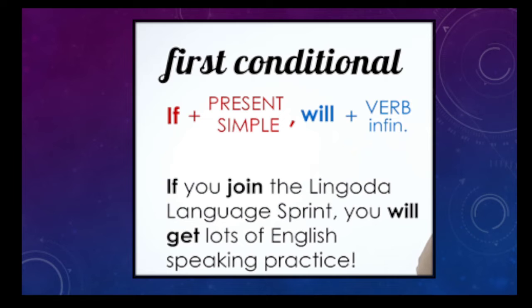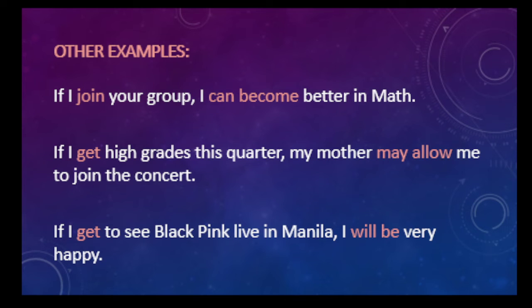Right? So ito, kung magjo-join ka daw dun sa program na yon, sa language program na yon, magkakaroon ka daw ng maraming practice sa pagsasalita ng English. Kung magjo-join ka. So, hindi ka pa nagjo-join. Okay? In the future pa lang ito. Possible future outcome.